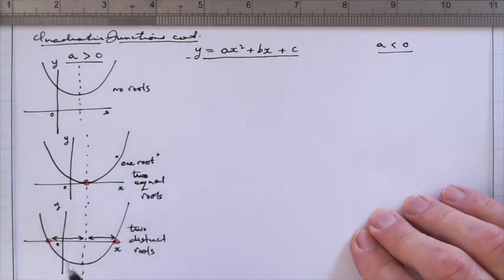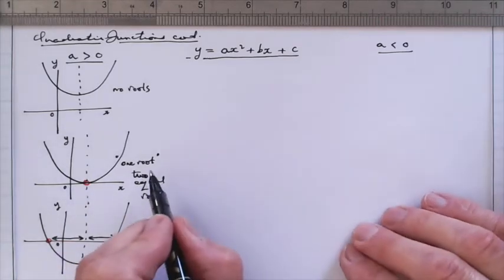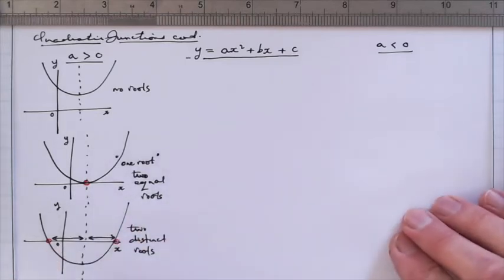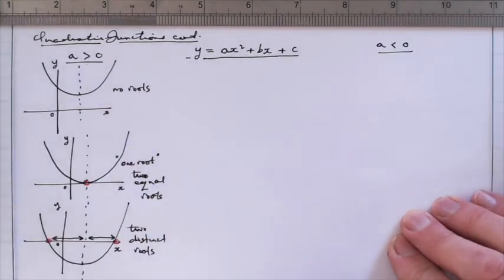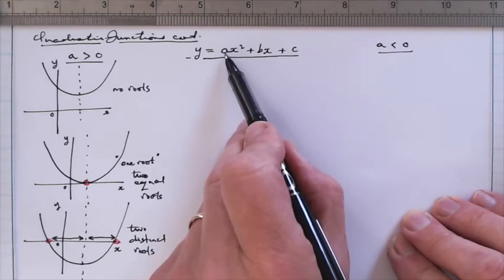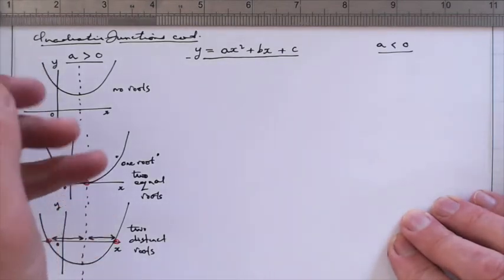And in the Scottish curriculum, students have to say that there are two equal roots. As I say, in other curricula, it may be that students are encouraged to say there is one root. But those are the three possibilities if a is positive. Very, very important point. The sign of the constant that multiplies x squared determines absolutely the gross shape of the curve.